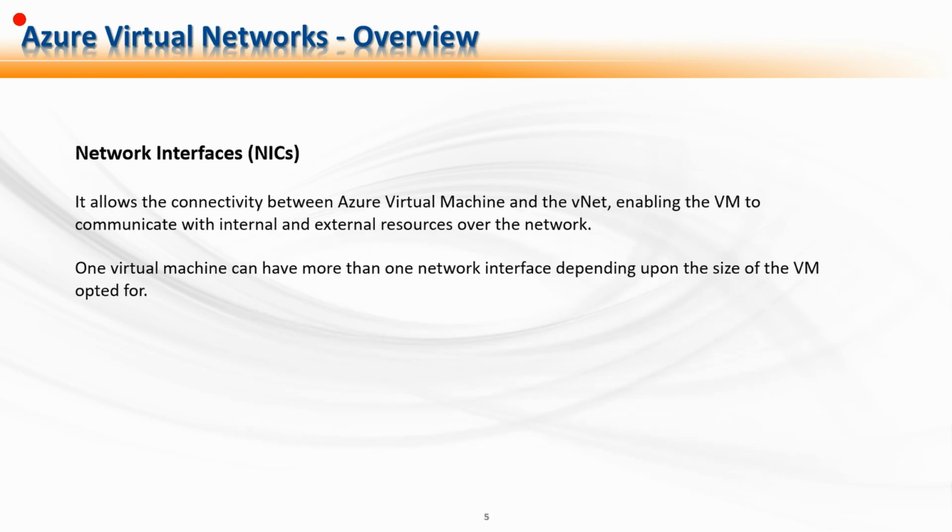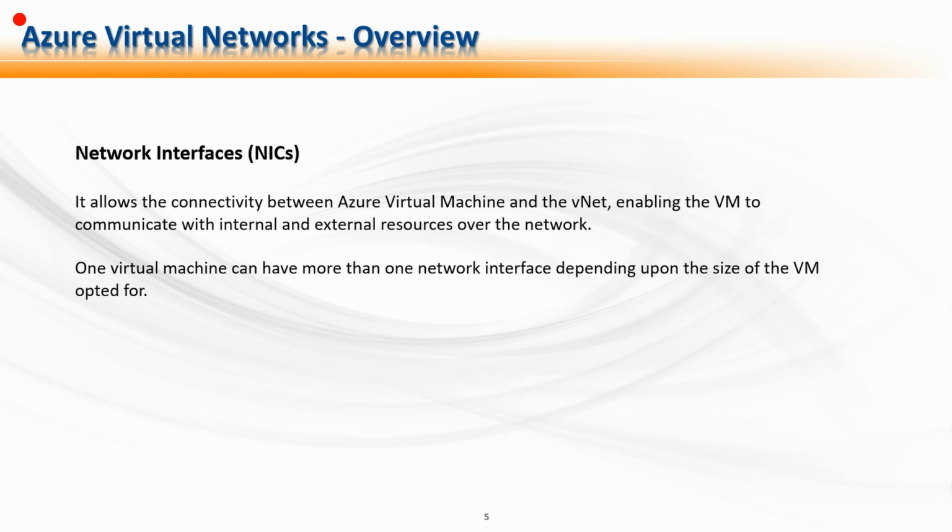I'm sure all of you are aware of what a network interface card is. It's a piece of hardware within your laptop or desktop and enables you to communicate with other resources within the network. In a similar way, we have network interfaces for the Azure Virtual Machine as well. It allows connectivity between the Azure Virtual Machine and the vNet, enabling the VM to communicate with internal and external resources over the network.